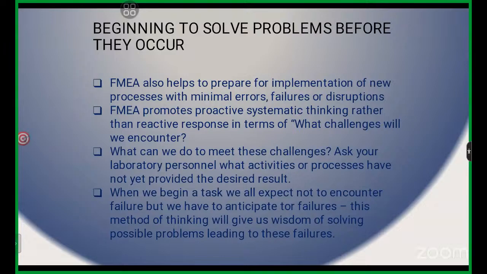So there are processes that might be ongoing, and you learn from these processes that have already been ongoing for some time, and now you are introducing another process, maybe another procedure, another methodology in the lab, because processes mostly are similar.